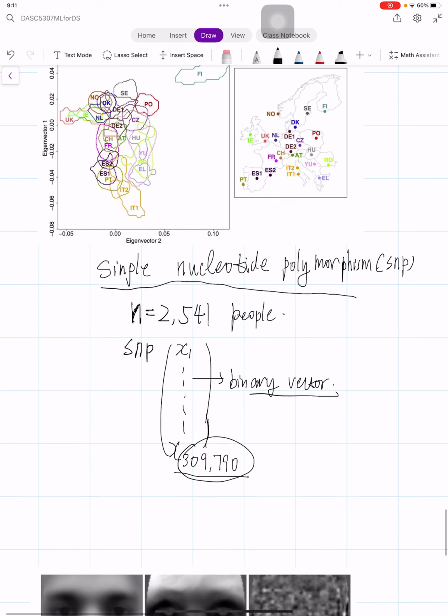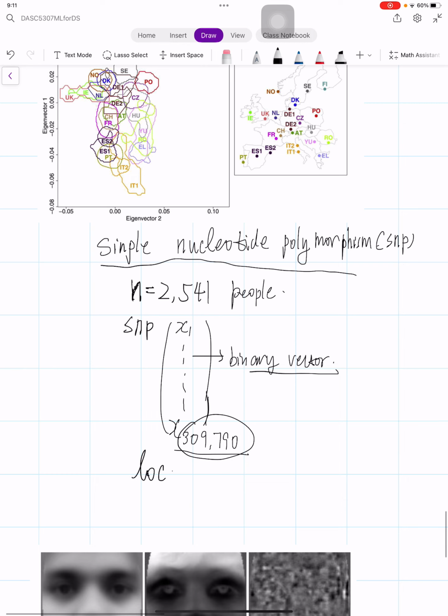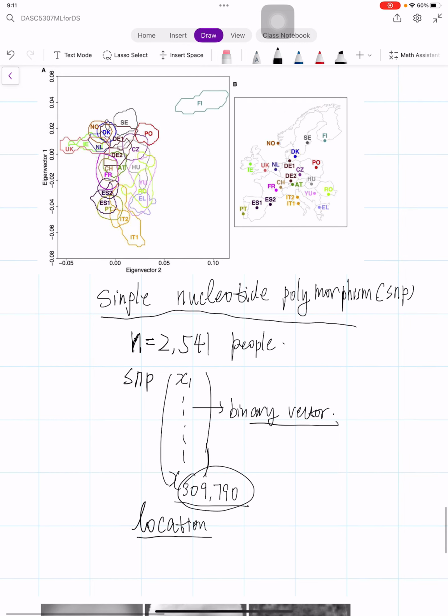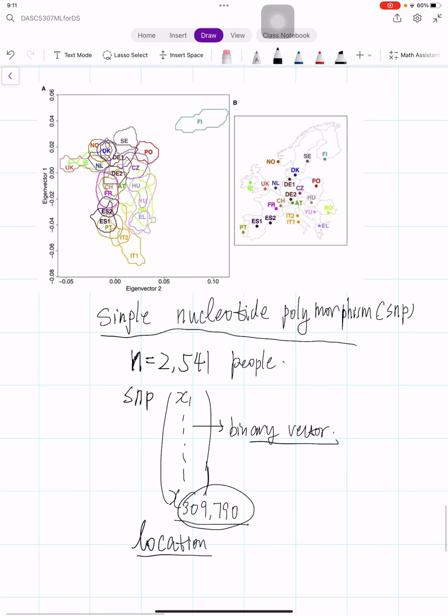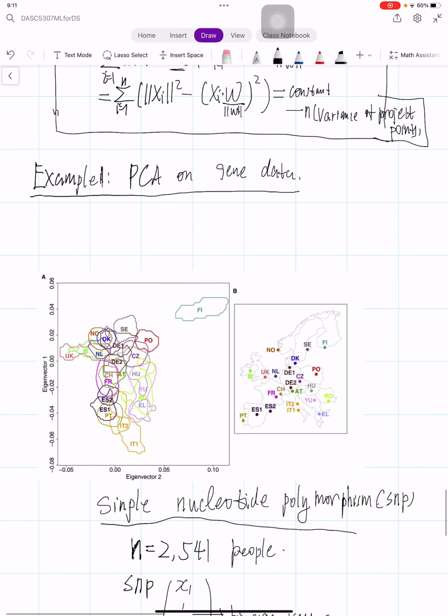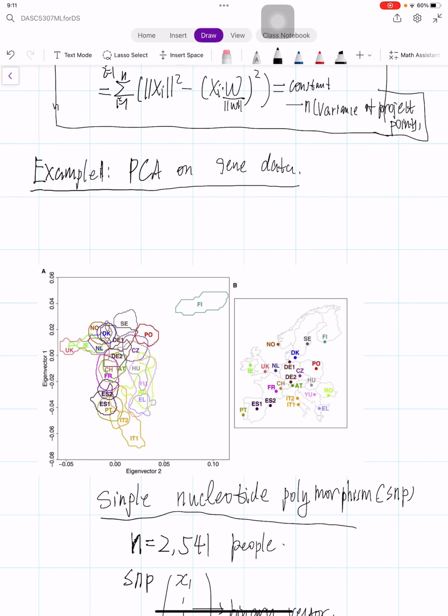And with location, we also have the location of where the person is born, and this corresponds to the first two components. We can see here UK is clustered with some component here, and this is the Finland. This is the Poland.